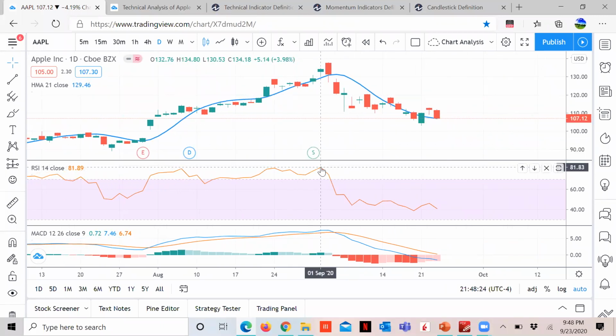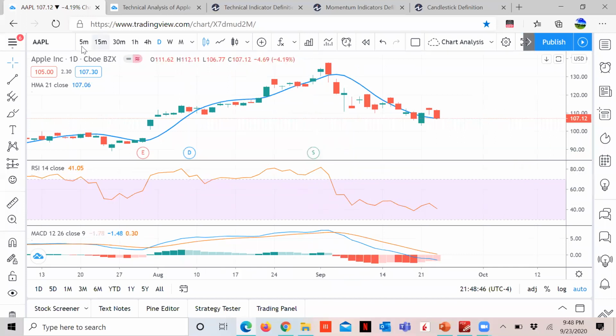But by looking at this RSI, this moving average and this MACD, we can predict the trend of the market. At the same time, we can also understand where it will head next.